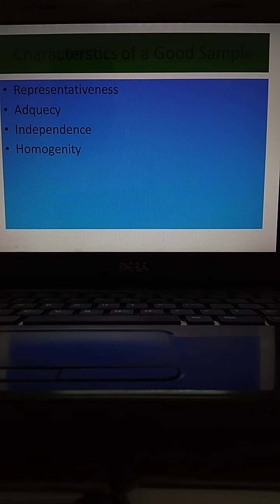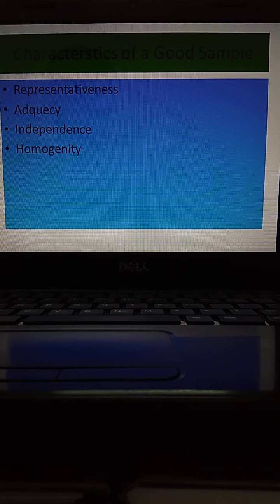Let us suppose that you are going to understand about the intelligence levels of 1,000 students. So to study the intelligence levels of these 1,000 students, let us suppose you are going to apply the sampling method, well and good.